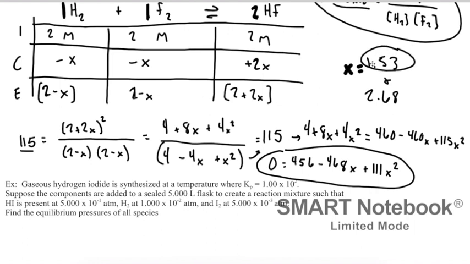So I know that my x is 1.53, and now I'm just going to plug that into each of these and solve for those, because that is what I'm trying to solve for, the equilibrium concentrations of these chemicals.